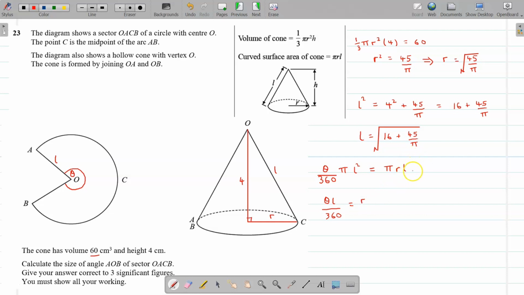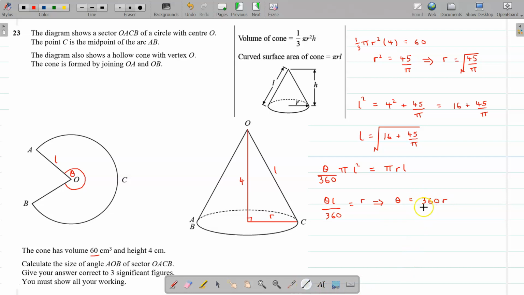And therefore theta, which is what we need to find out, I need to multiply both sides by 360 and divide by L, equals 360 times r over L.